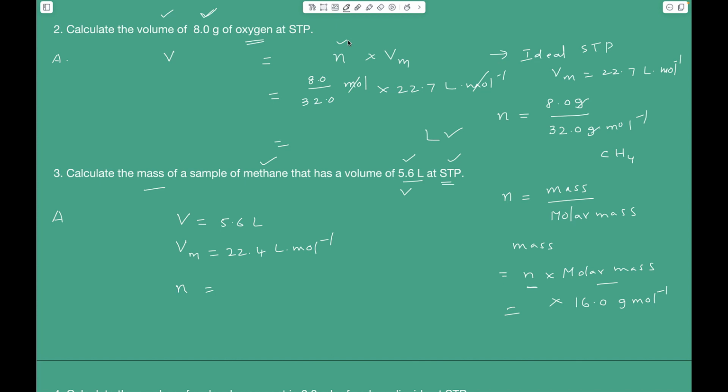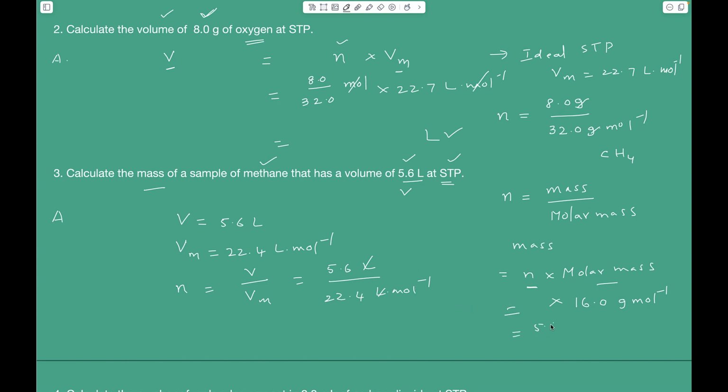See here, to get the amount of substance, you have to divide the volume of the sample with its molar volume. So it would be V over Vm. That is 5.6 liters over 22.4 liter per mole. So you would get the amount of substance in mole and put that here.